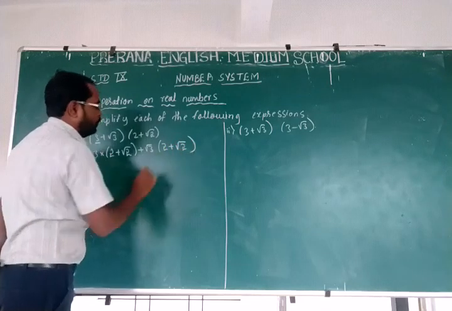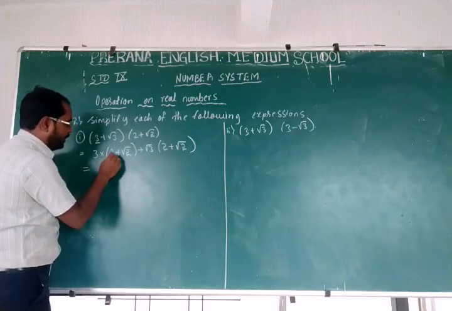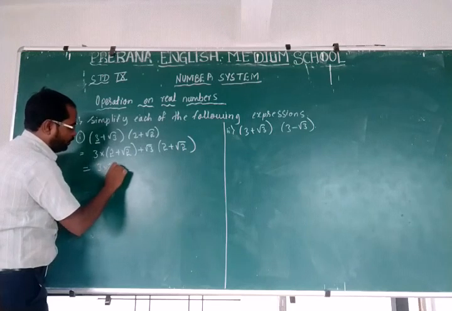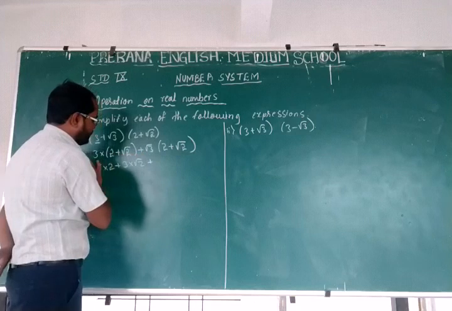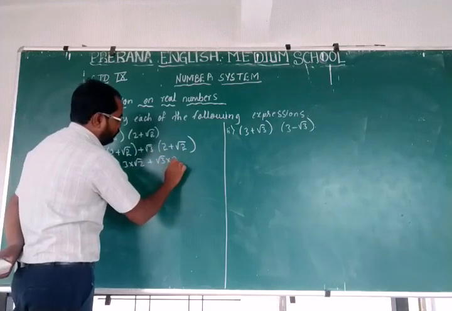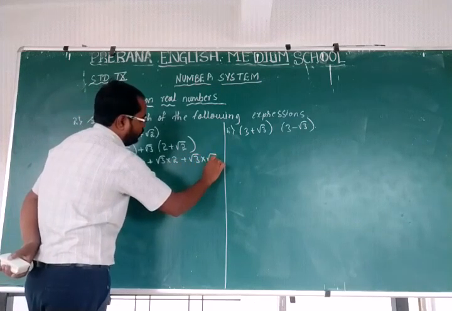So on multiplying, how much will you get? 3 into 2 plus 3 into root 2. This is over. Next, root 3 into 2 plus root 3 into root 2.